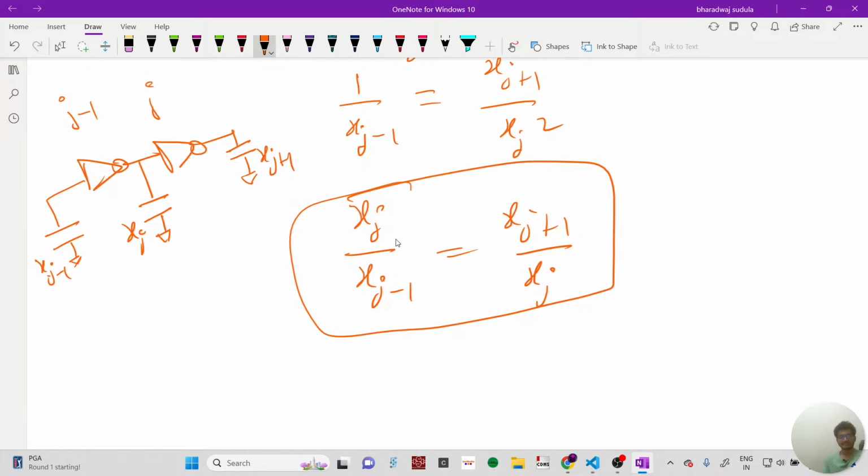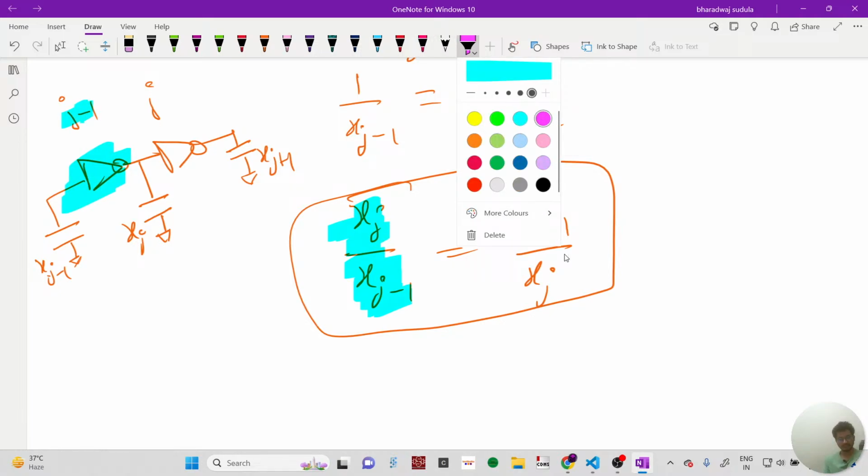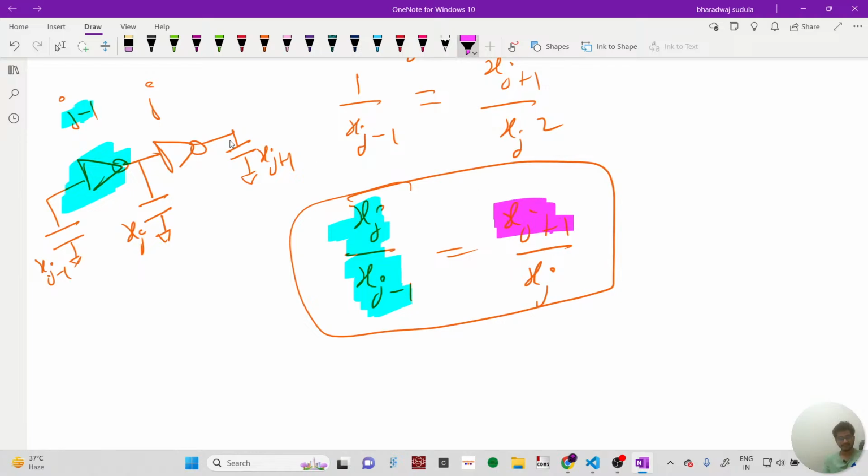So what this expression is saying is that xj by xj minus 1 is nothing but the fan out of the j minus 1th gate, correct? And xj plus 1 by xj is just the fan out of the jth gate, correct?